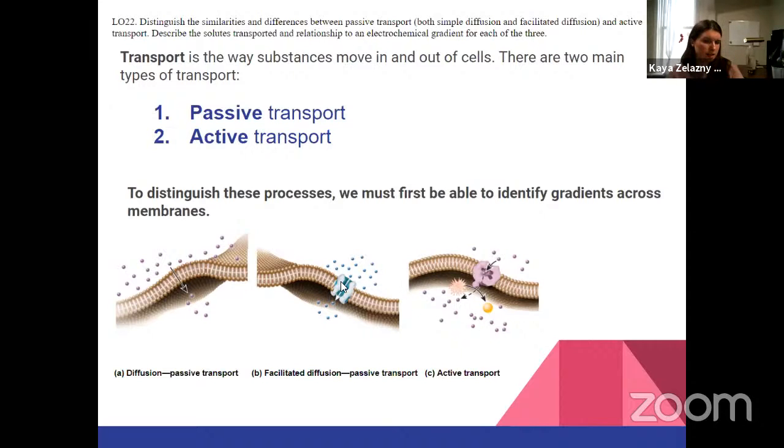Here in the second image, we have a higher concentration outside the cell, if we think of the outside of the cell as the top, and a lower concentration inside the cell. And in this third image, we have a high concentration inside the cell, so lots of these purple particles, and a low concentration outside the cell. So this is our first step, identifying the gradient.